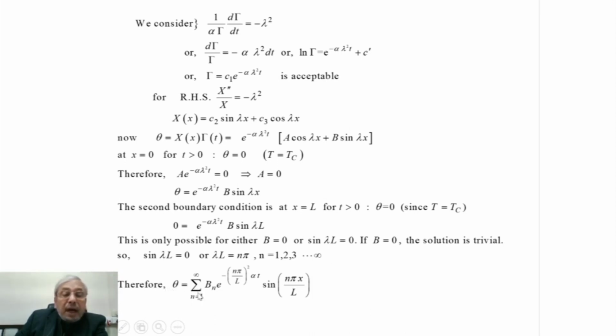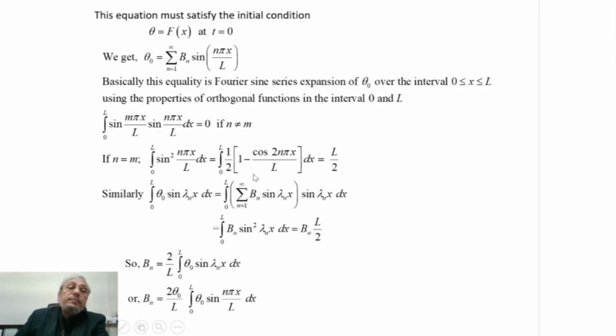Therefore, theta becomes Bn into e to the power minus (n pi by L) squared into alpha t, and sin lambda L we can write as sin n pi x by L. So this becomes the solution now, where Bn is still unknown.